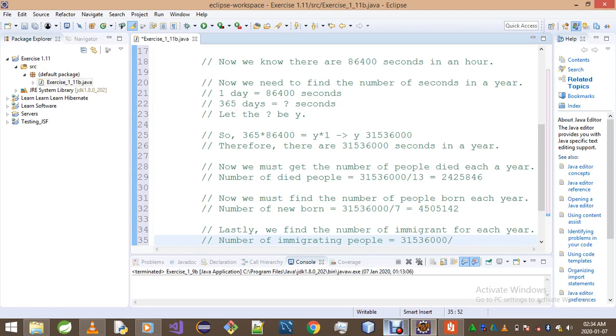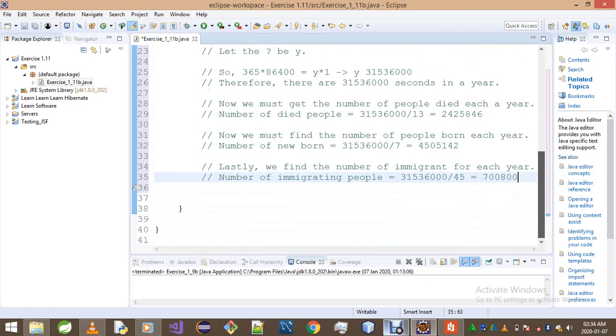So since every 45 seconds a person gets into the country, this is what we're gonna divide by. We're gonna divide by 45. Then our answer will be 700,800. We're almost there, you guys. We're about to finish now.